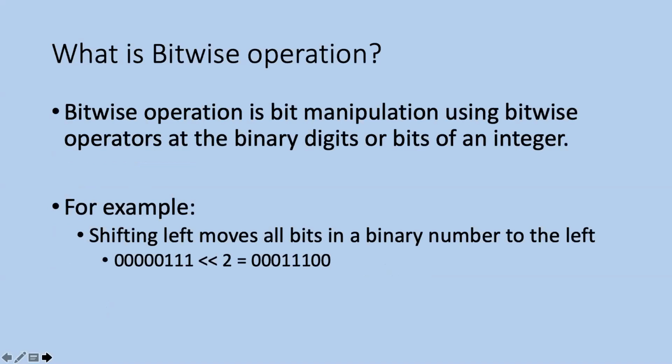For example, in this second point, shifting left moves all bits in a binary number to the left. So we have a binary number like 000111. If we do a bit shift to the left, the result will come out as 0001110. We'll talk about how that works, but basically the gist is that's what bitwise operation is.